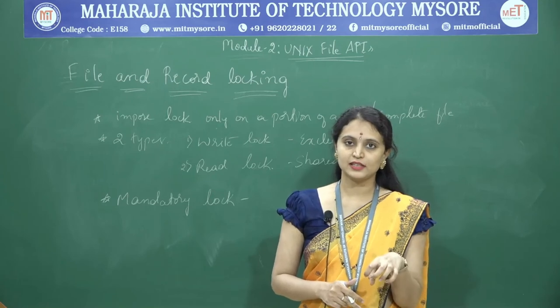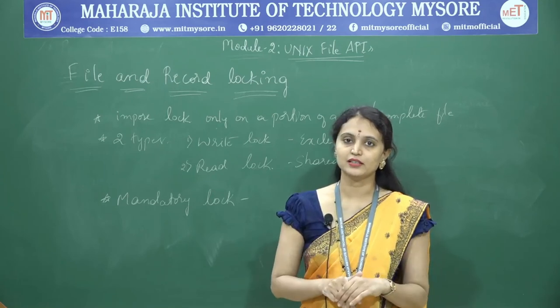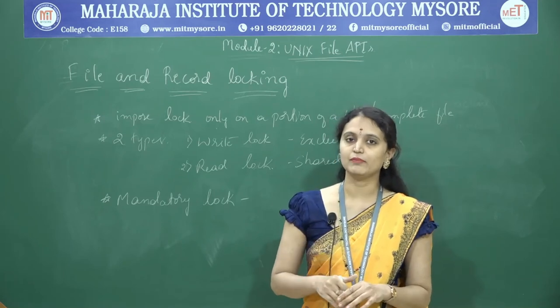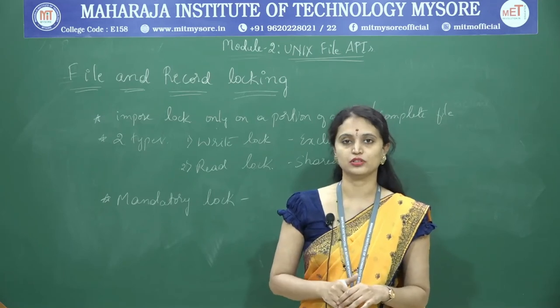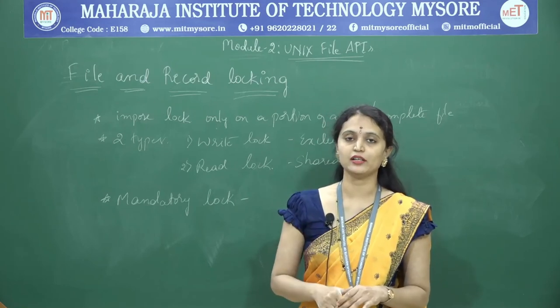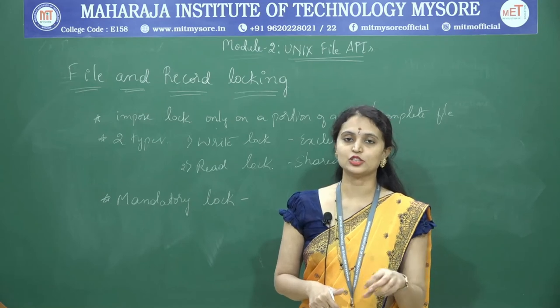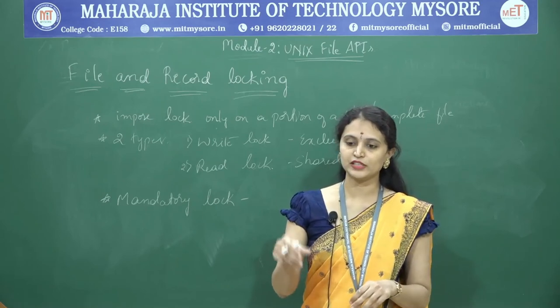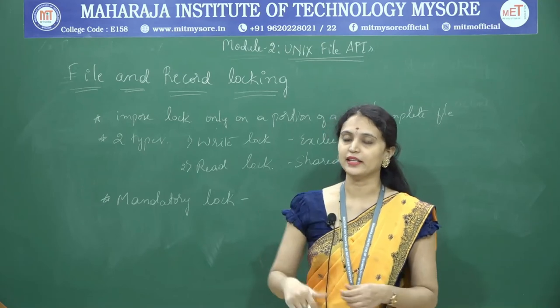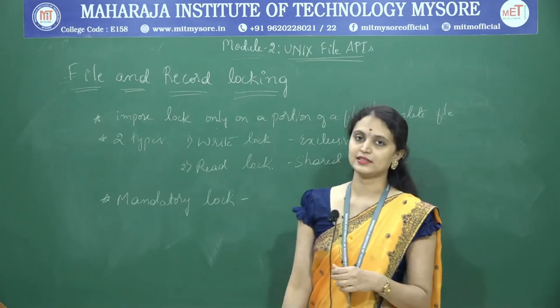If this process never unlocks the file, the file can no longer be used. In that case the system has to be rebooted or else the process has to be killed to make use of this file by other processes. So, this will happen when a mandatory exclusive lock is set.